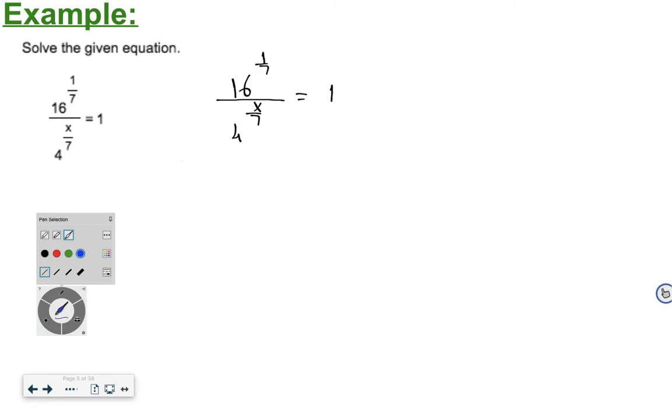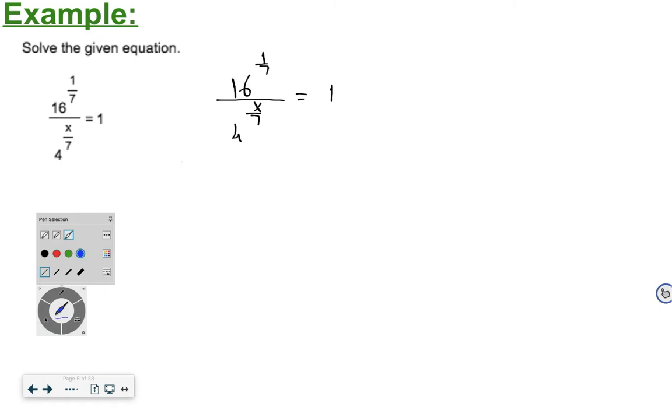If you try to solve an exponent equation, the most important thing is you should make the bases equal to each other. Look at the numerator. What is the base of this exponent? It is 16. And look at the denominator. What is the base of this exponent? It is 4. So I try to make the bases equal to each other.